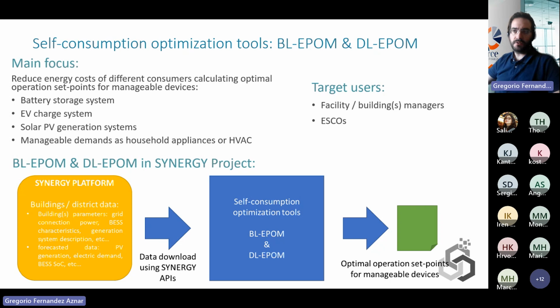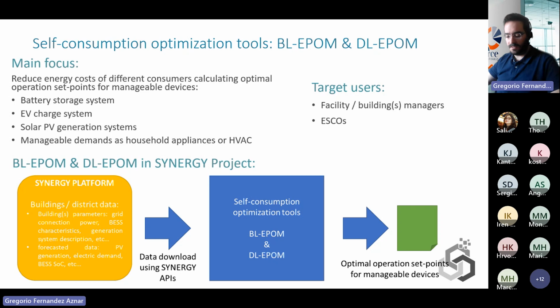The objective of these tools is to reduce energy cost of different types of consumers, calculating optimal operation set points for manageable devices: battery storage systems, electric vehicle charging stations, solar PV generation systems, and also manageable loads, manageable demands such as household appliances or HVAC systems.